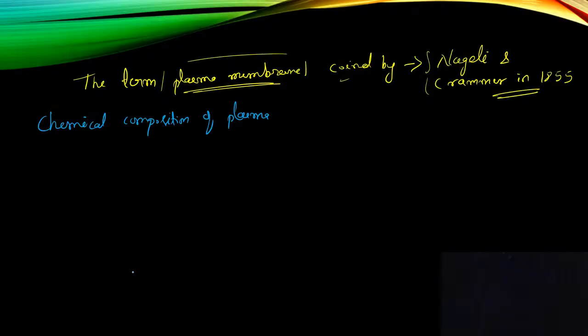Chemical composition of the plasma membrane. Okay, so hereafter I don't want to write the complete plasma membrane. I will just mention it as PM, and don't get confused with the prime minister. This is a plasma membrane.